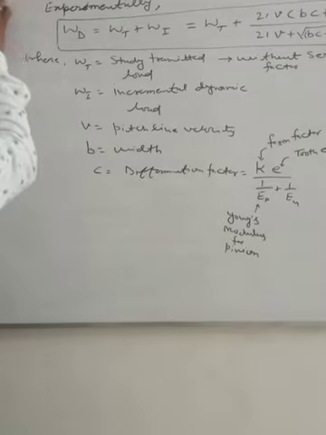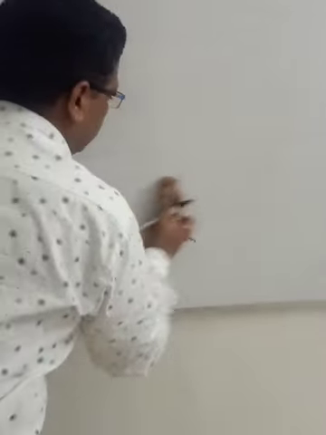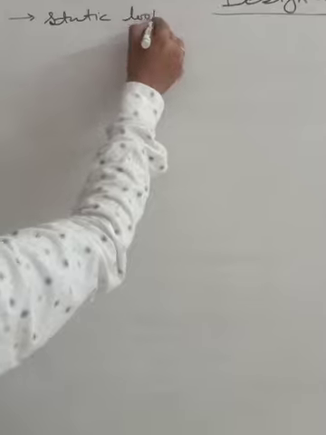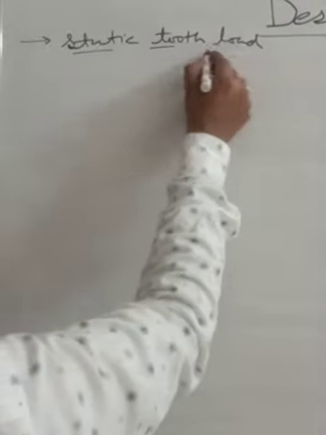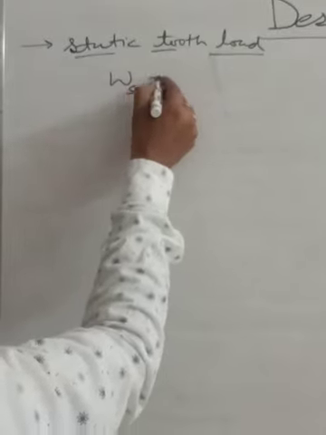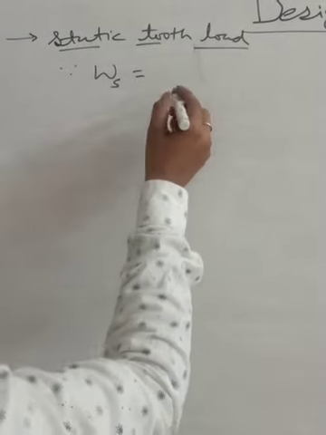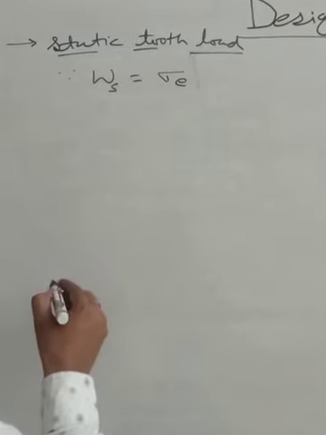Next load is your static tooth load, Ws. For this static tooth load, the Lewis equation is used, but instead of the working stress, we are using the endurance stress or flexural stress.